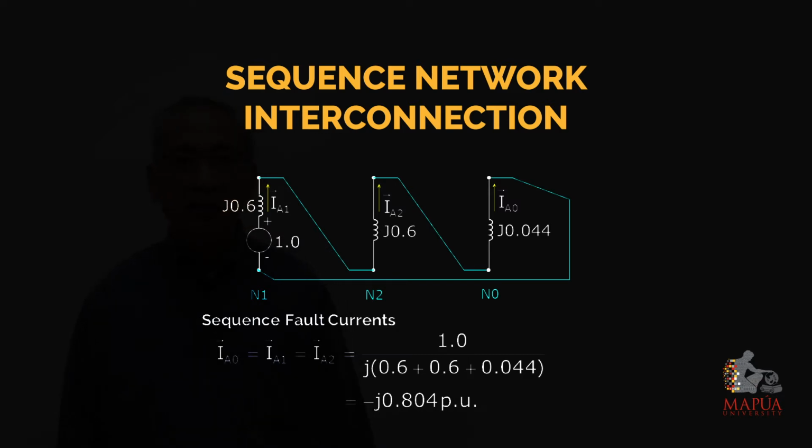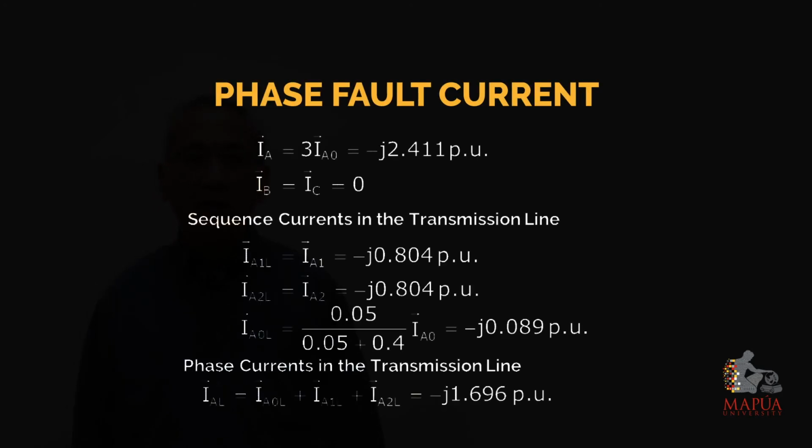These are the sequence fault currents flowing to the faulted point. Converting this into phase current, the phase fault current Ia is equal to 3 times Ia0, equal to negative j2.411 per unit, whereas for Ib and Ic, this will be 0.